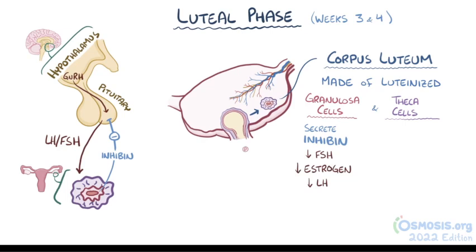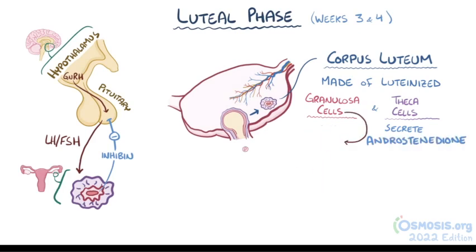Luteinized theca cells keep secreting androstenedione, and the luteinized granulosa cells keep converting it to 17-beta estradiol, as before. However, luteinized granulosa cells also respond to the low luteinizing hormone concentrations that are present after ovulation by increasing the activity of cholesterol side chain cleavage enzyme, or P450 SCC for short.